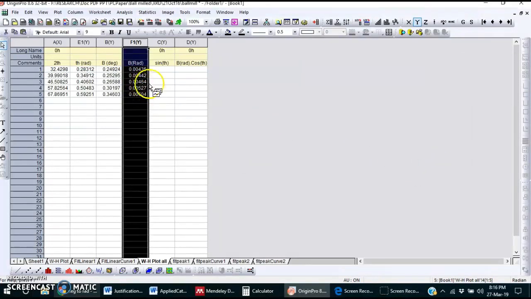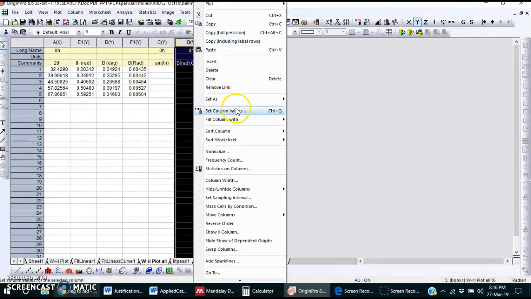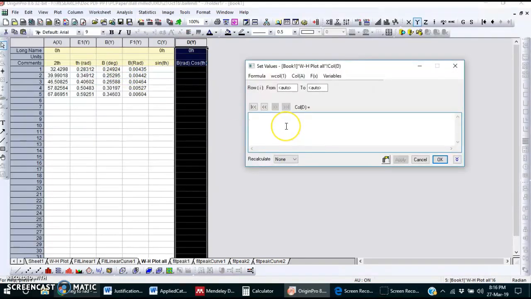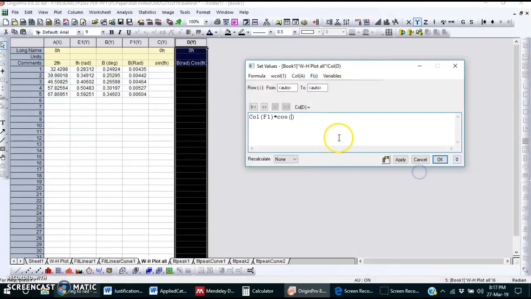Okay, now what do we need? We need beta in radian multiplied by cos theta. We have two columns here, so we will use them. Beta in radian is column F1 into cos theta. So put function, mathematics, cos x, cos theta. Where is theta?